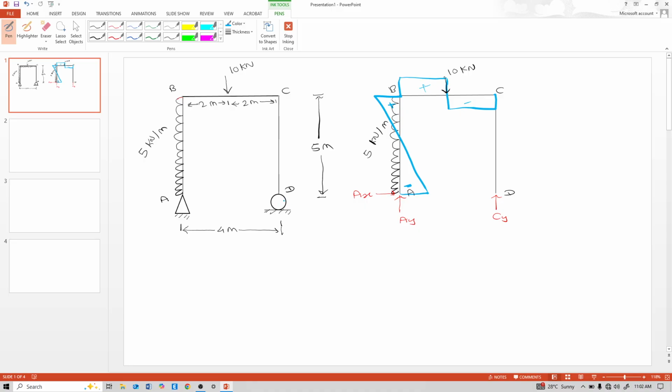Now at point D, there is only the CY reaction. So here no shear generates, because there is no load between D and C. This CD is only like this.